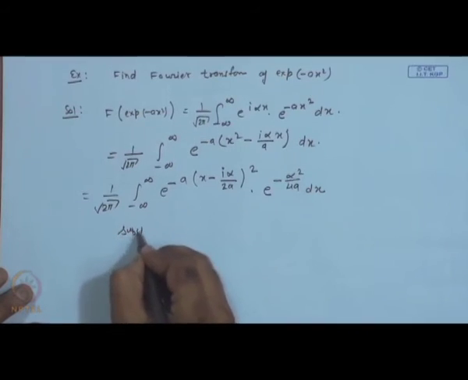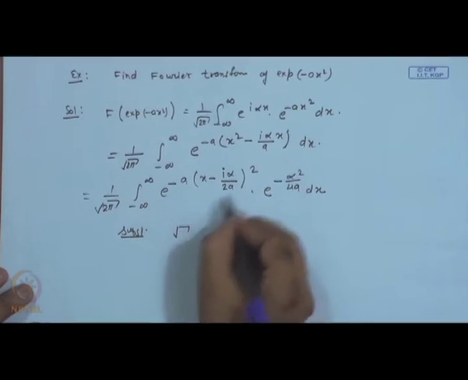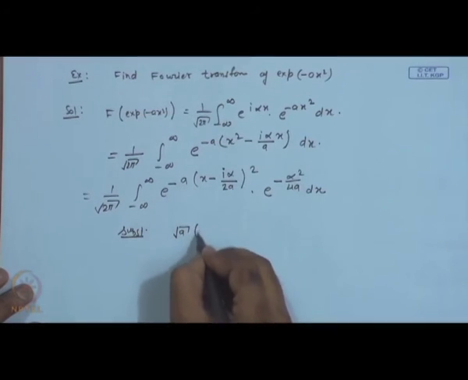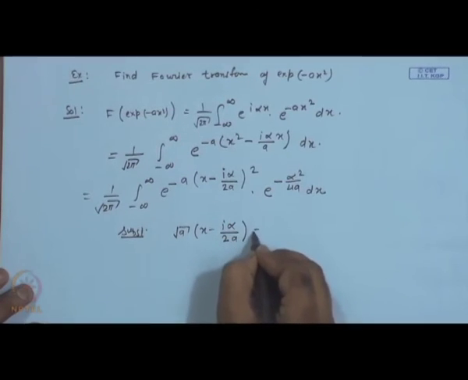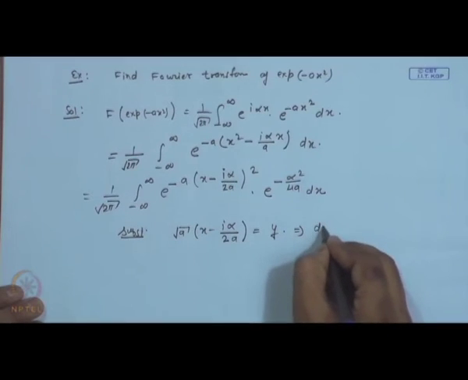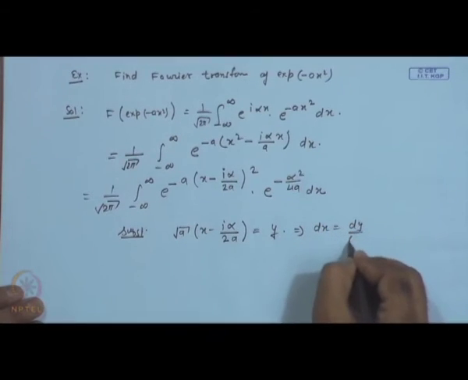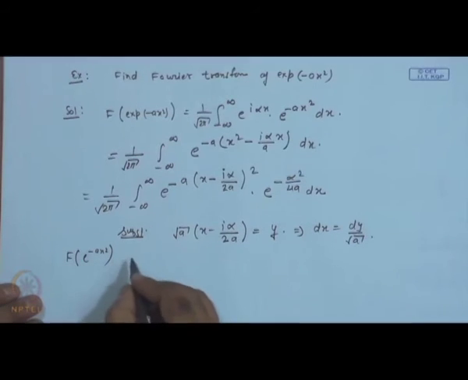Now we can substitute this, so that we have here whole square, so square root a, and x minus i alpha over 2a, we put it as y, so that we have dx is dy over square root a. So if we do that, what is our Fourier transform of e minus ax square?